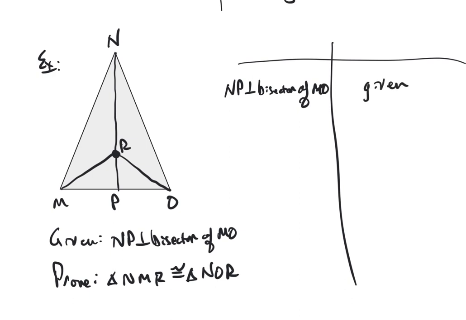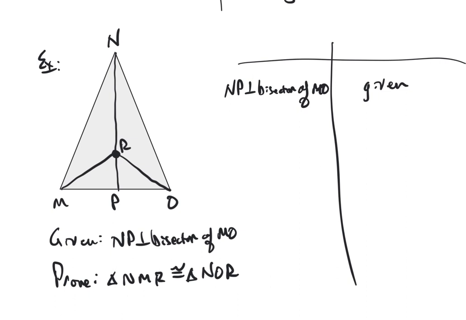But now we just have a theorem that says if we have a perpendicular bisector, any point on the bisector is equidistant from the endpoints.